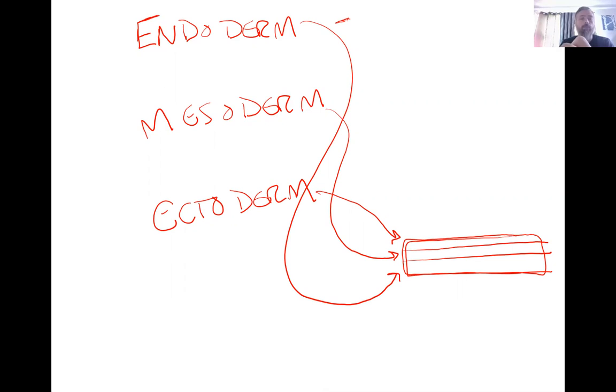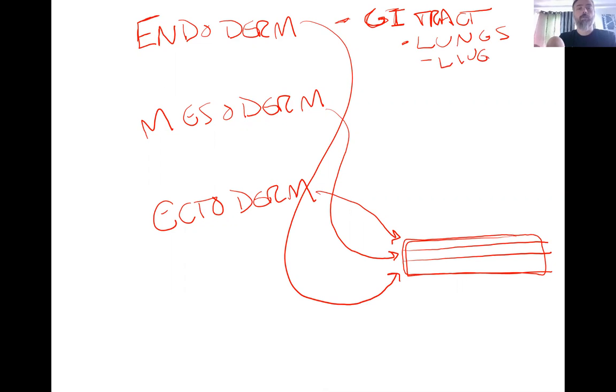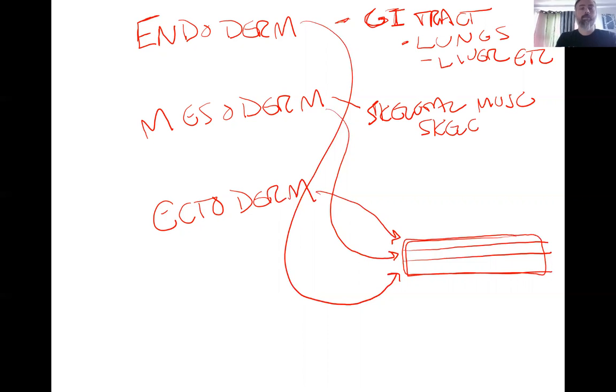The endoderm gives rise to the GI tract, and then all of the accessory organs that bud off of that. So things like lungs, etc. Mesoderm gives rise to skeletal muscle, and structural stuff like that.